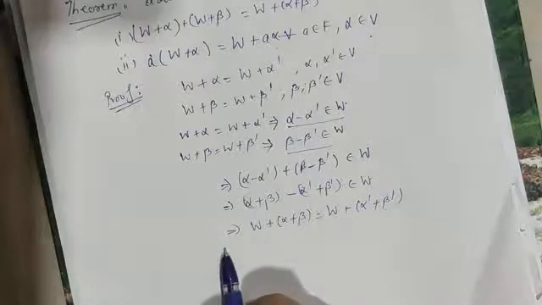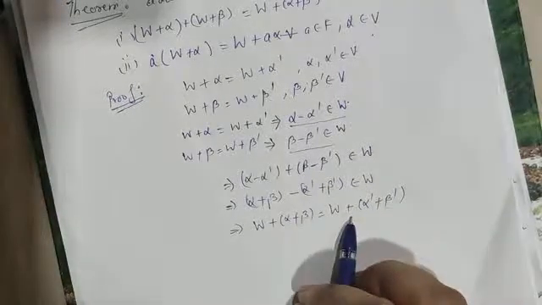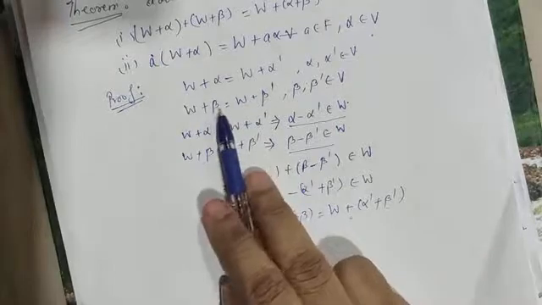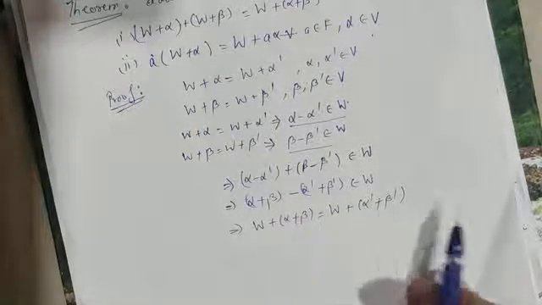So the addition operation of the set of all cosets is well defined. If alpha, beta belongs to the set, then alpha plus beta also belongs to the set.